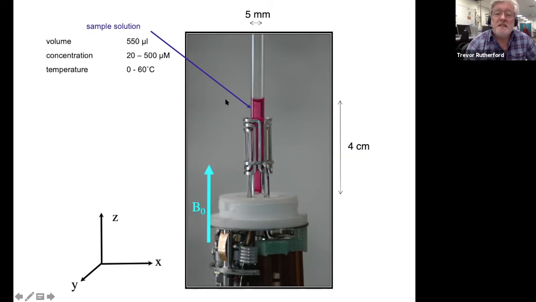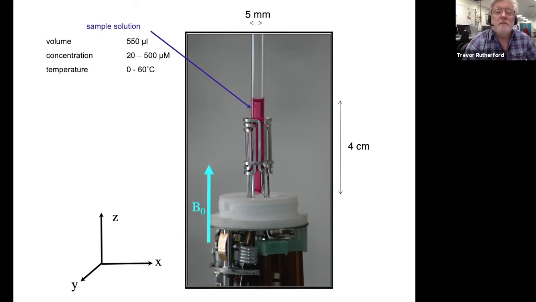Okay, so the basic sample conditions are a fixed sample volume of 550 microliters. The concentration range is that we wouldn't go much below 20 micromolar. We wouldn't normally encourage going above 500 micromolar, because at that point you run into a high likelihood of protein aggregation.